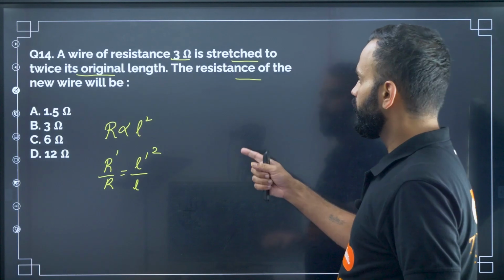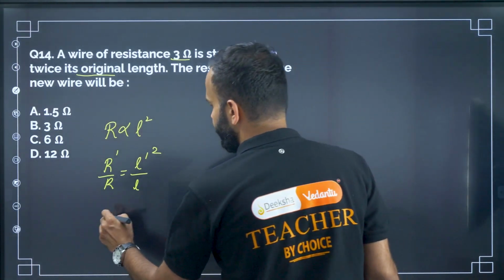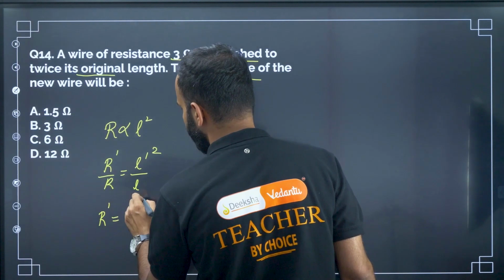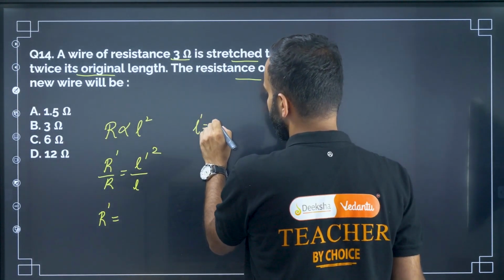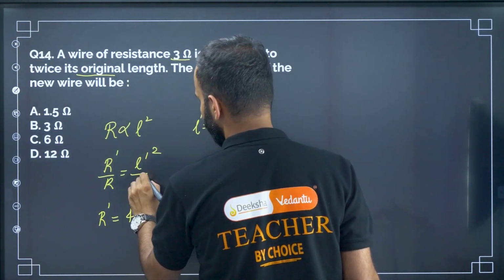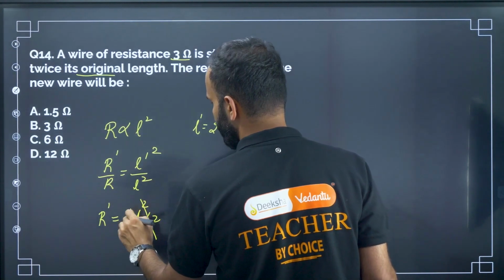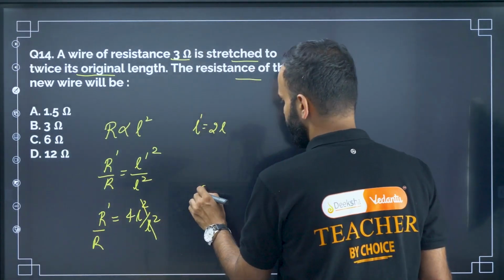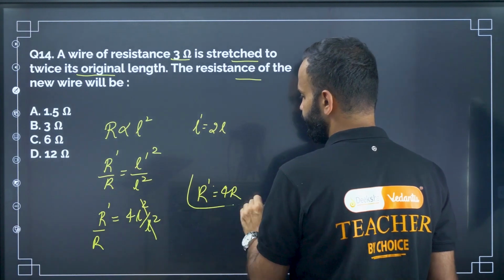Now the length of the wire is doubled, right? So L dash is 2L. So (2L) square is 4L square. 4L square divided by L square, L square will get cancelled, right? So R dash is equal to 4 times R.